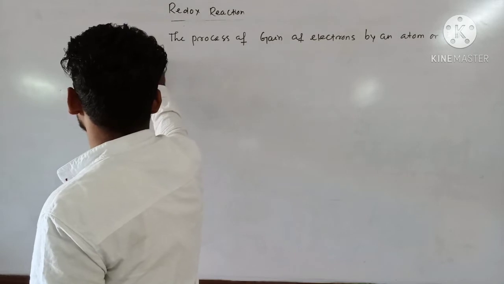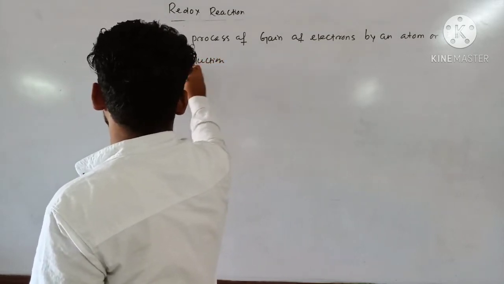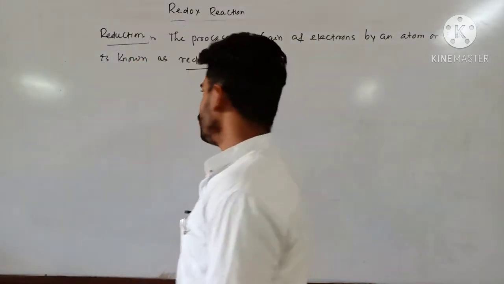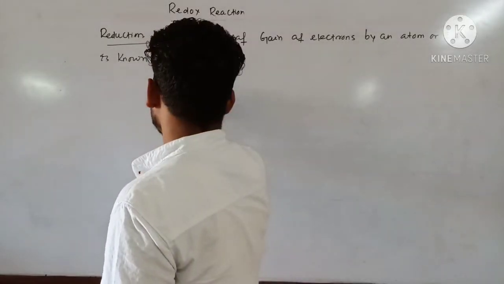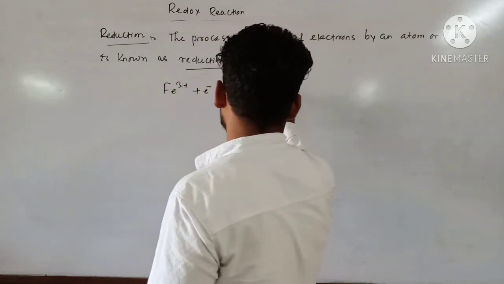So reduction, you see, suppose Fe3+ gains 1 electron and gets converted into Fe2+.